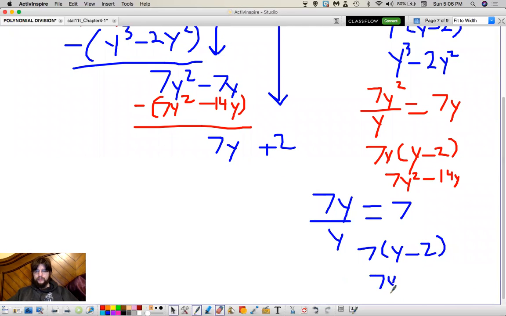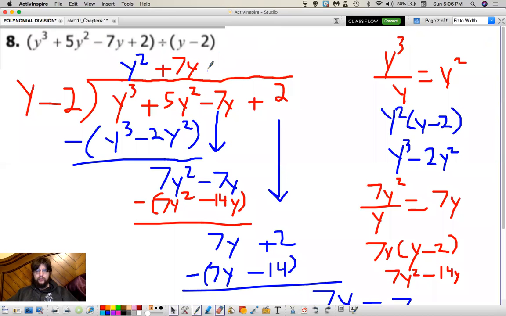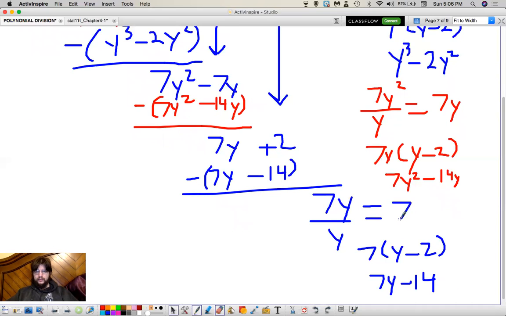Yes, long division does get long, but it always works. That's what we're subtracting. Don't forget to actually write your quotient up here. 7.